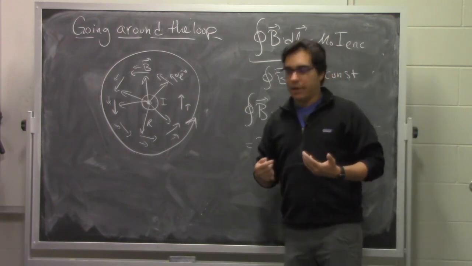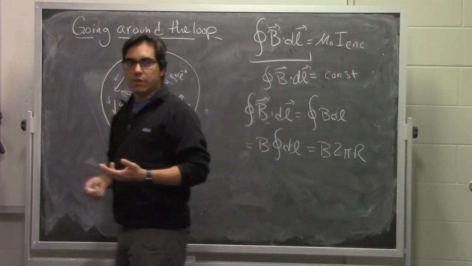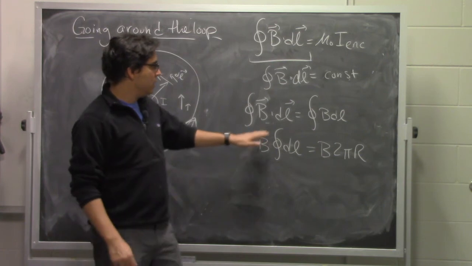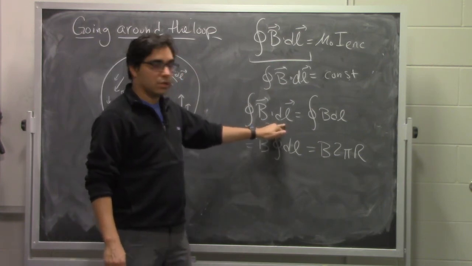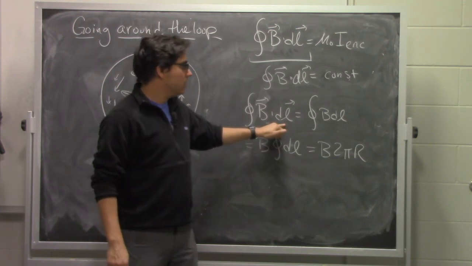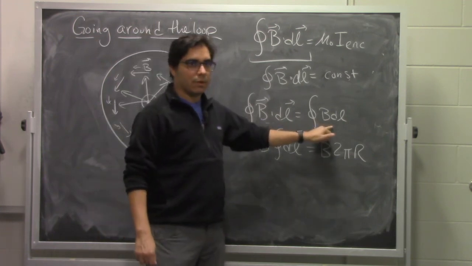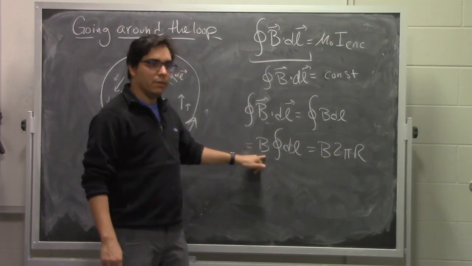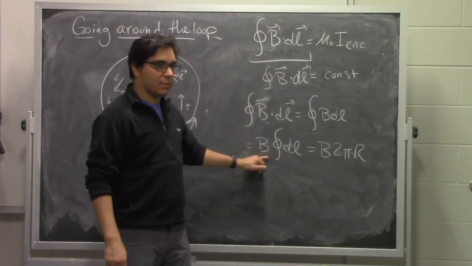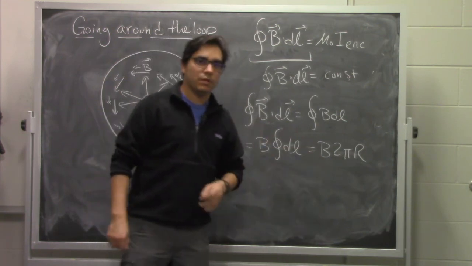So you have to be careful about how you choose the loop, so that the magnetic field and the direction in which you're calculating the integral point the same way, letting you deal with the dot product simply, and so that the magnetic field is constant and you can pull it out. Then you just deal with the magnetic field times the perimeter as the left-hand side result.